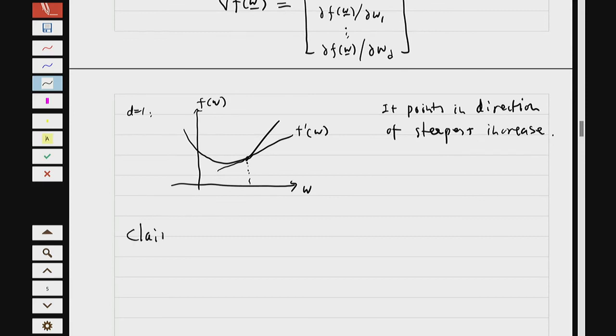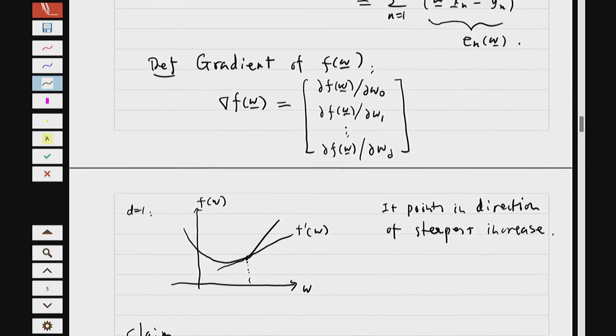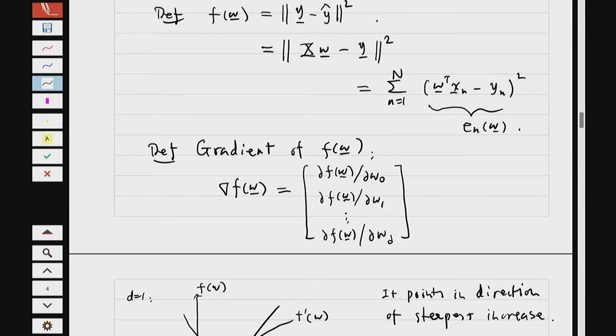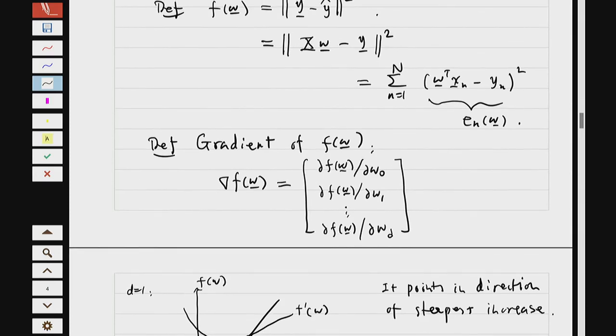Now, how do we calculate the gradient for our particular function? Our function looks like this. This f of w is a 2 norm square. Oh, it's w_D because we start from w0. From 0 to D, there are D plus 1 terms.